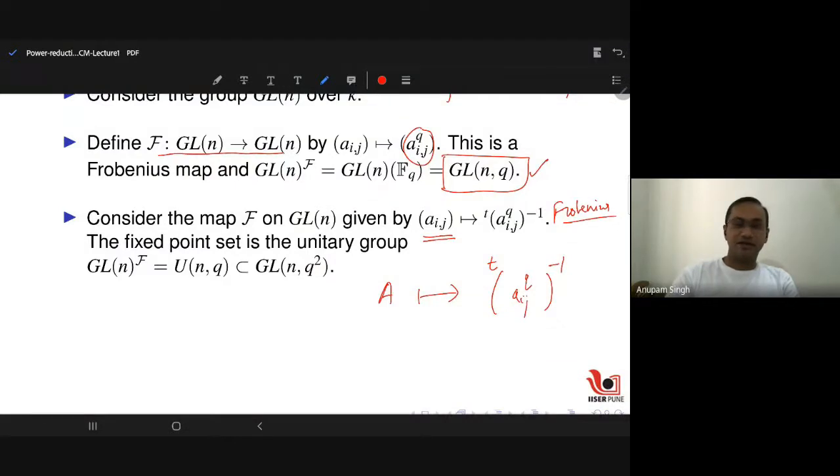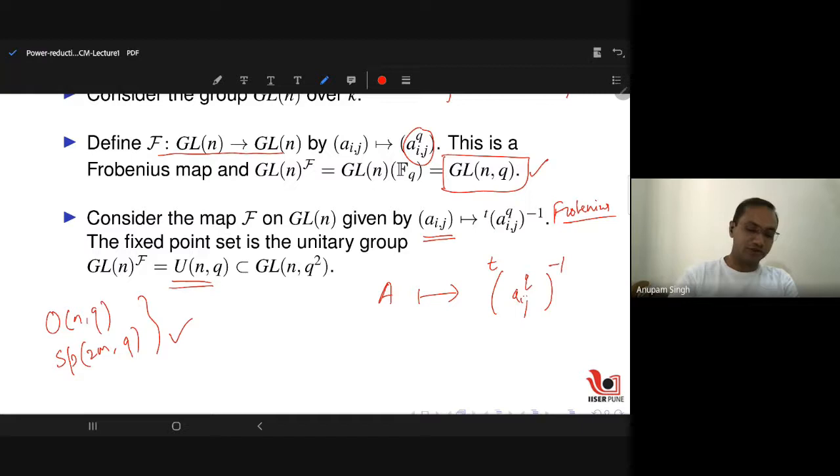Okay, and if I look at the fixed point under this map, you will see that I will get elements which lie over F_{q^2}, and I will actually get elements in the unitary group. I think we have done these exercises earlier, but I'm just recalling that you can get this. There are many other groups like orthogonal groups and symplectic groups, like O_n(q), Sp_{2m}(q).